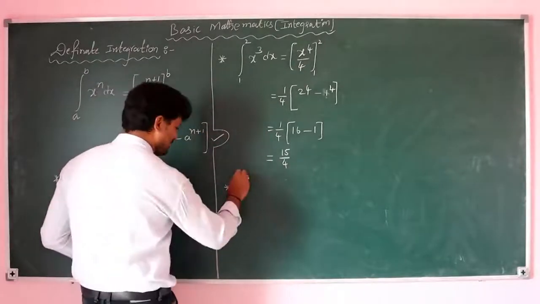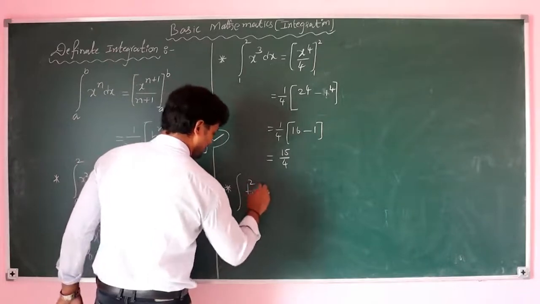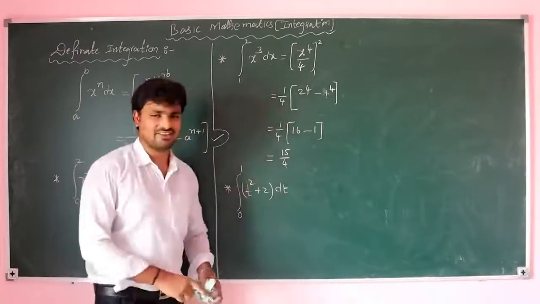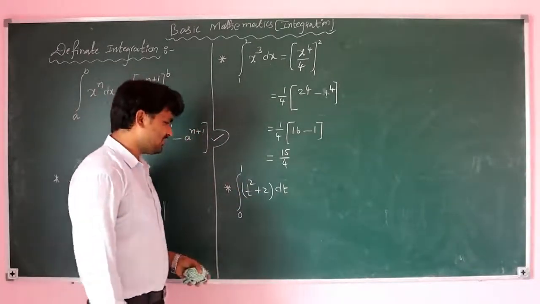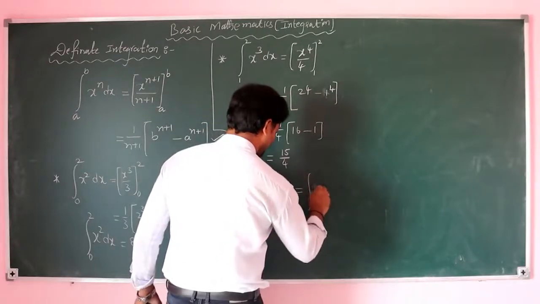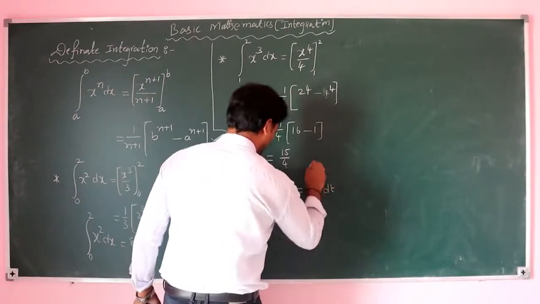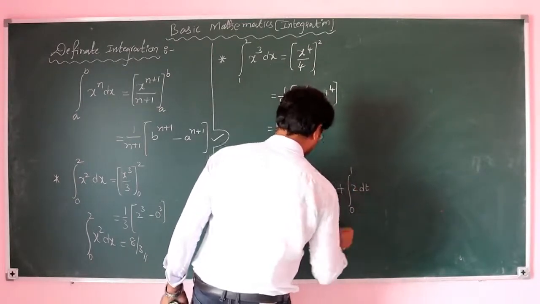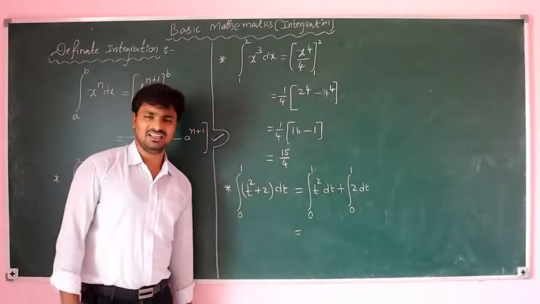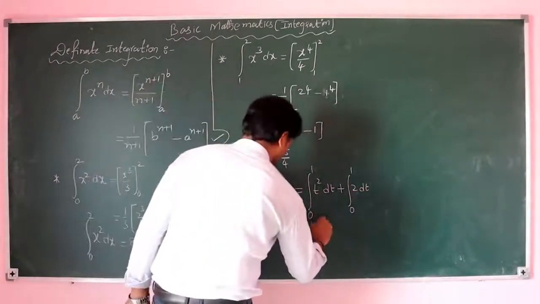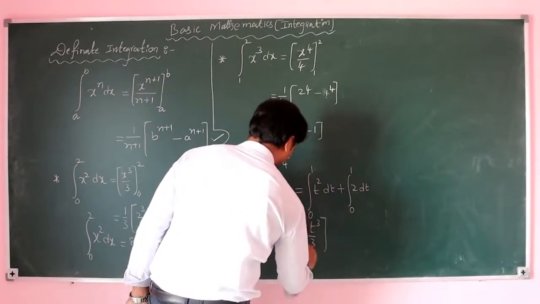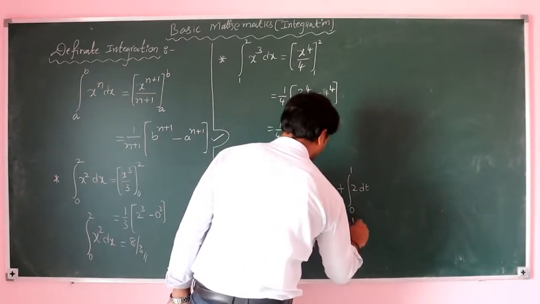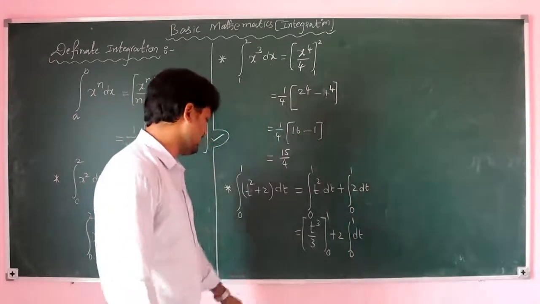For example, the displacement means time, integral of t square plus 2 into dt, limits 0 to 1. So what we are taking generally, integral t square dt 0 to 1 plus integral 0 to 1 of 2 dt. Integral t square means t cube by 3, limits 0 to 1, plus 2 into integral 0 to 1 dt. Here you put the limits.